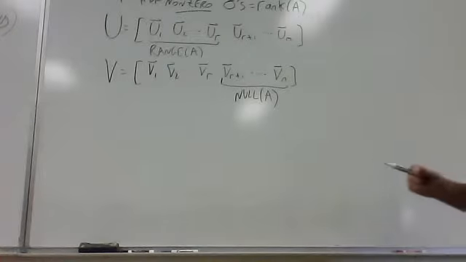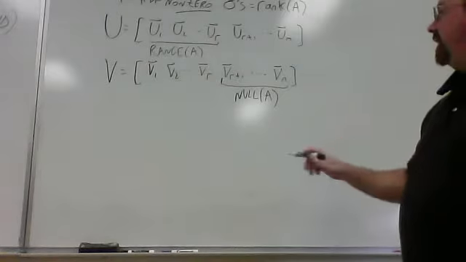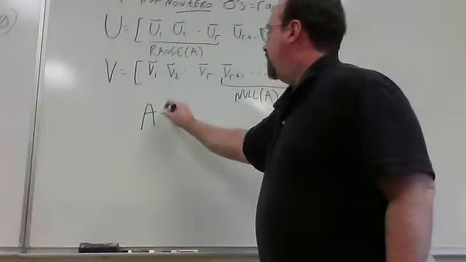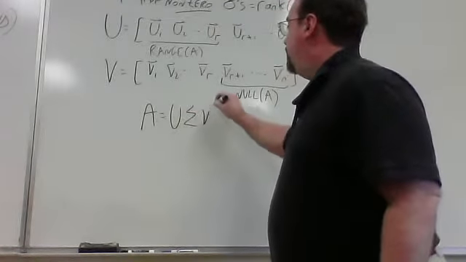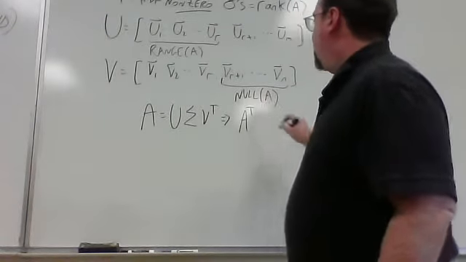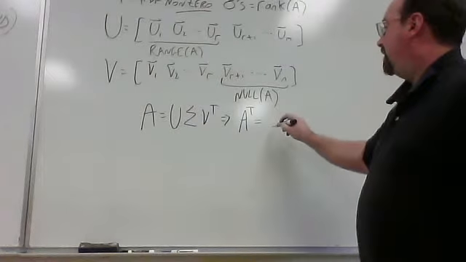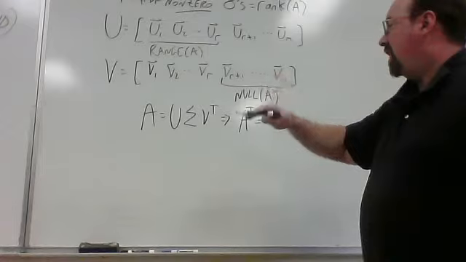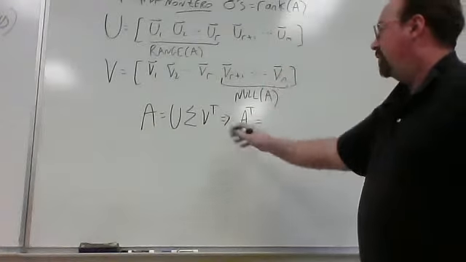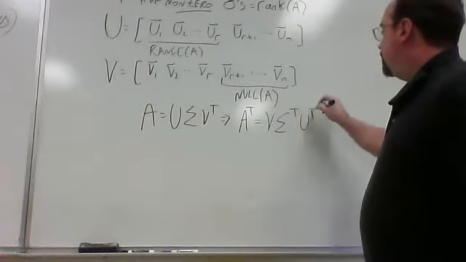Now, if we keep in mind the properties of a transpose, so if A is equal to U sigma V transpose, then if I take the transpose of both sides, I would get, remember the transpose of a product is the product of transposes in reverse order, so that would give me V sigma transpose U transpose.